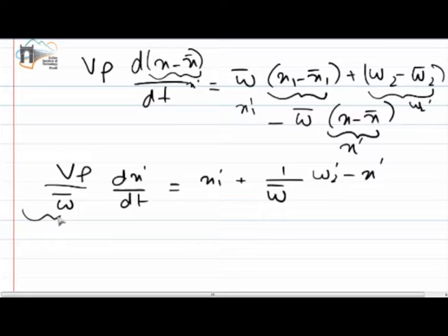Now simplifying this equation further, I could write this term as tau, and this one as k. Okay, and then take the Laplace transform.